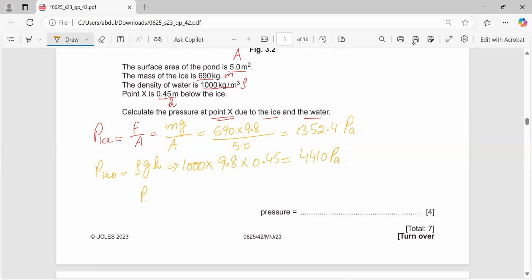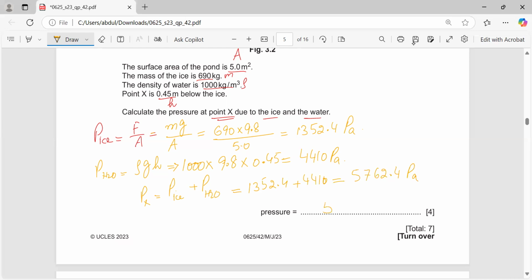So pressure at X will be equal to pressure due to ice plus pressure due to water. Now we will place both of these values. 1352.4 plus 4410, the answer is 5762.4 pascals.